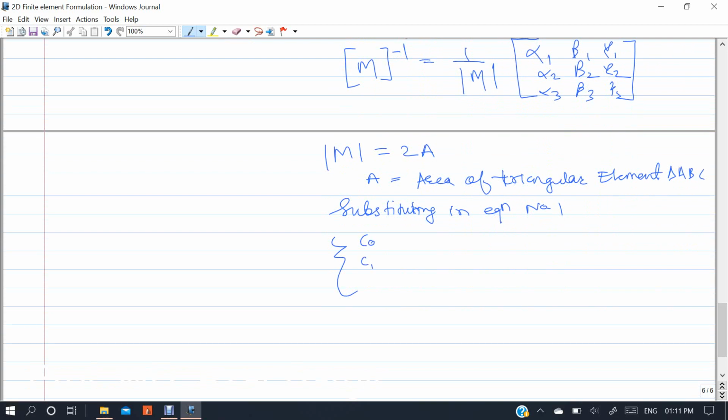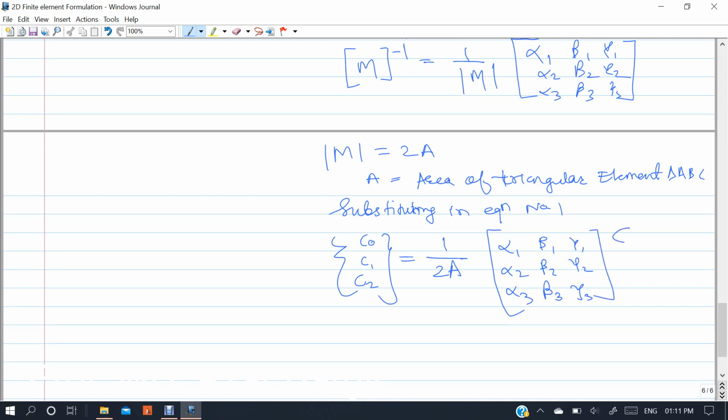So it will become C0 C1 C2 equal to 1 upon 2A in bracket, alpha 1 beta 1 gamma 1, alpha 2 beta 2 gamma 2, alpha 3 beta 3 gamma 3, into u1 u2 u3.